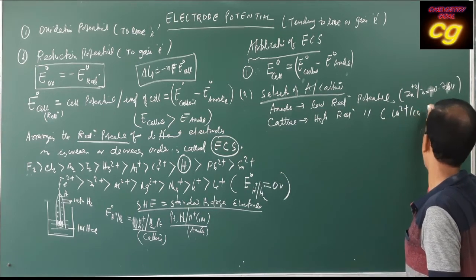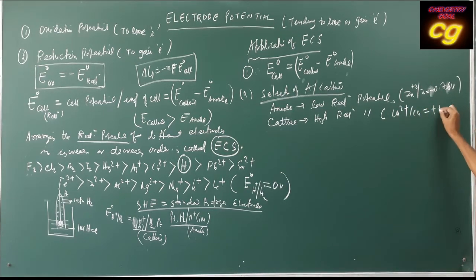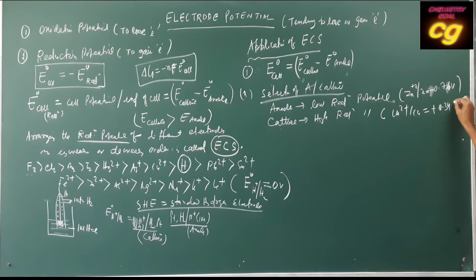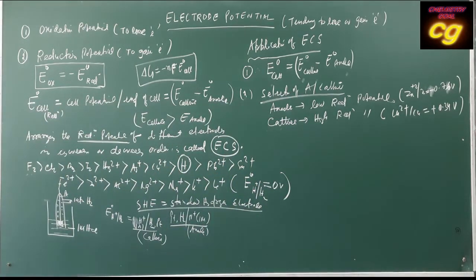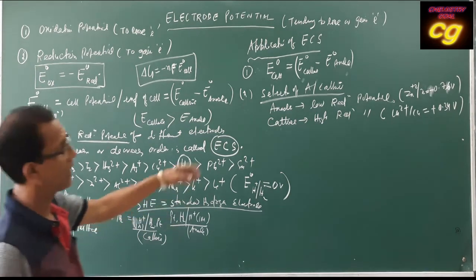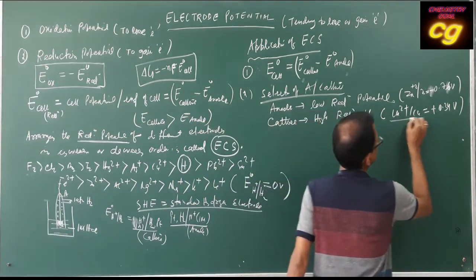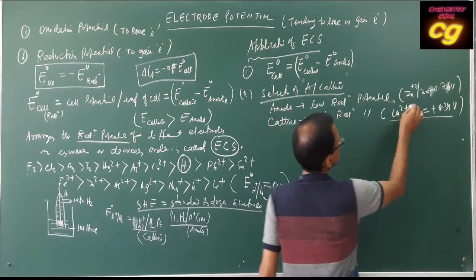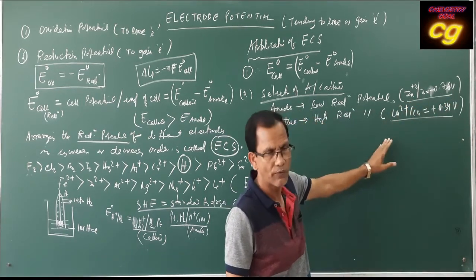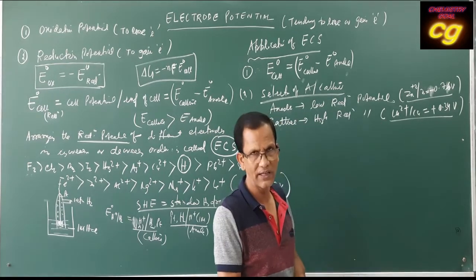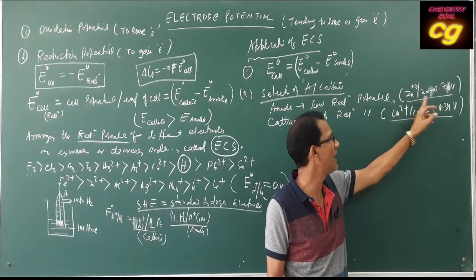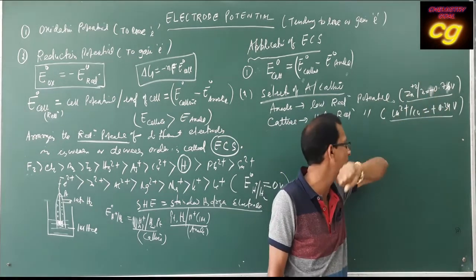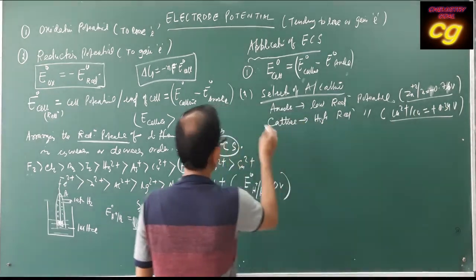Copper has high reduction potential, a positive value of 0.34 volt. So remember, high reduction potential is cathode and low reduction potential is anode. Between zinc and copper, to form a galvanic cell, zinc will be anode and copper will be cathode, because zinc has low reduction potential. This is one important application.